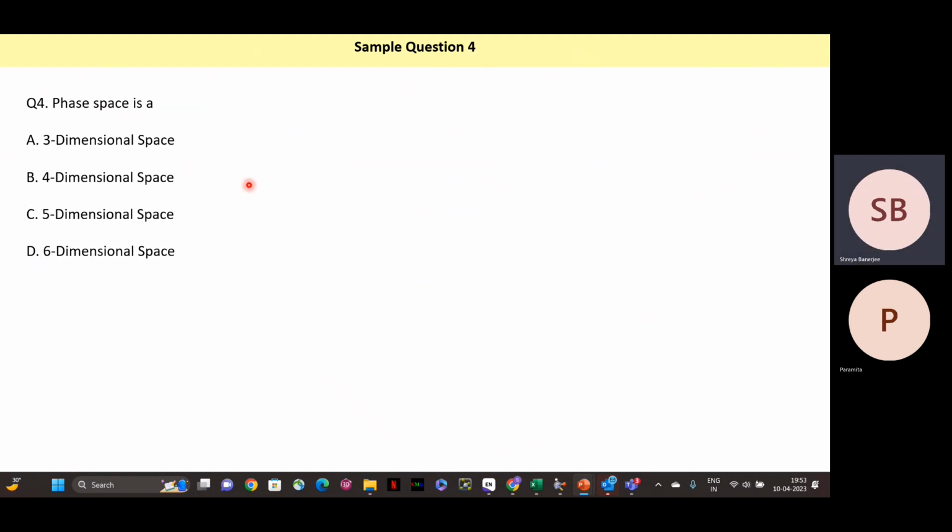Now, phase space is how many dimensional space?